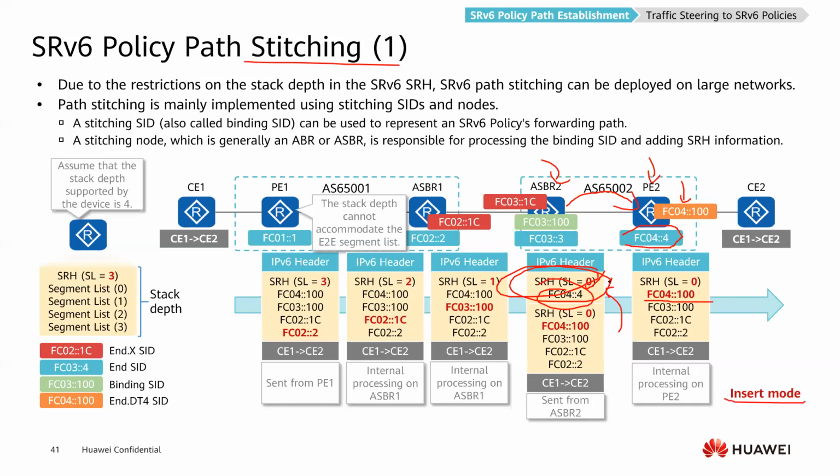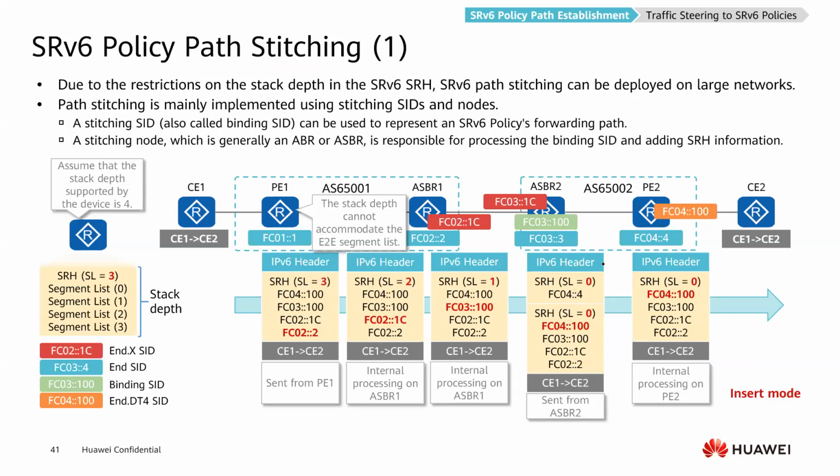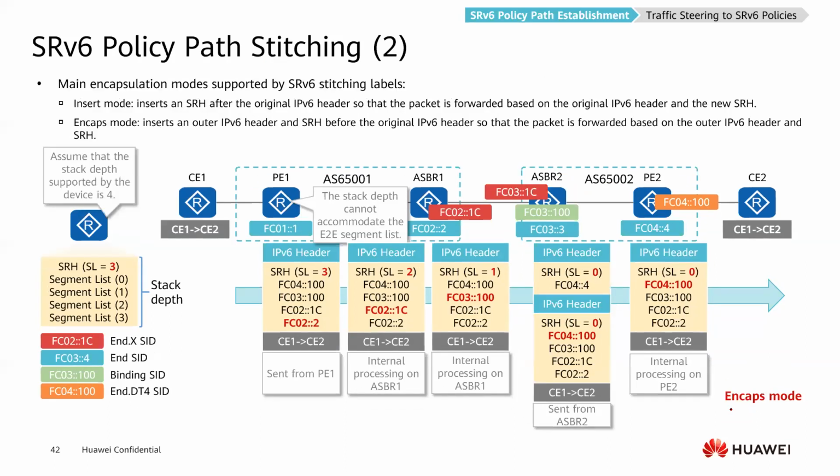It means I will insert a new SRH behind the old IPv6 header. Another is the encaps mode for stitching, where they put a new IPv6 header and a new SRH above the old IPv6 header.